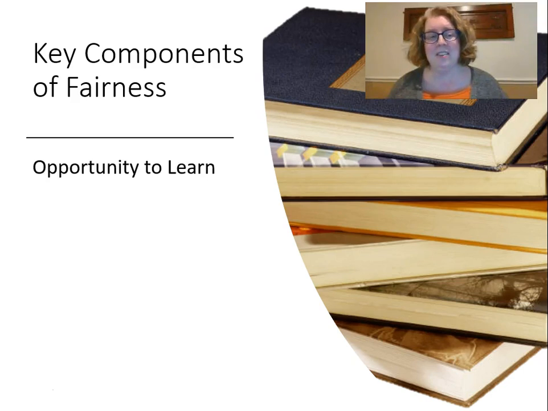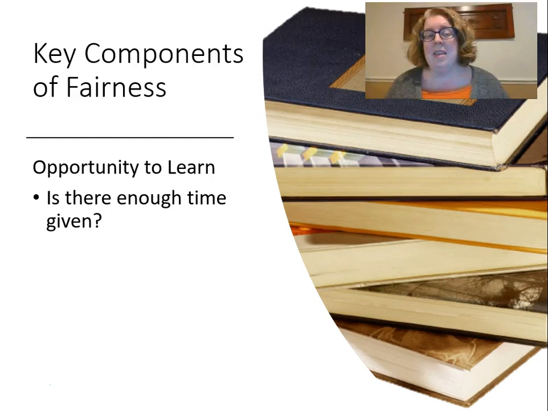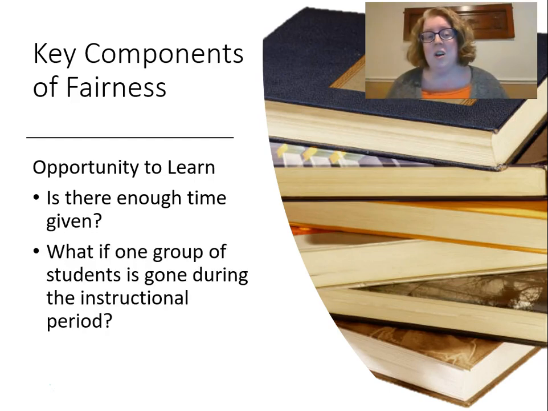Another component of fairness is the opportunity to learn. So all students should have been given enough time to learn that material. That comes up particularly if all students weren't given the same amount of time or if they were gone during part of that instructional period.